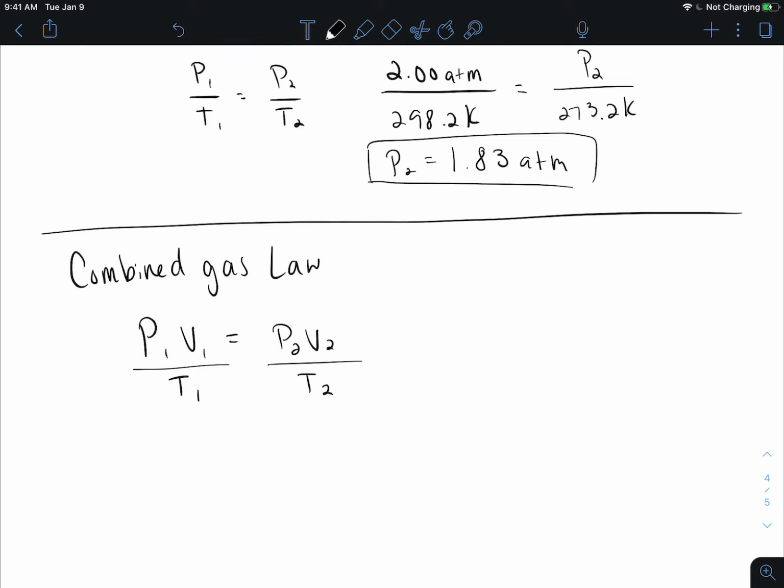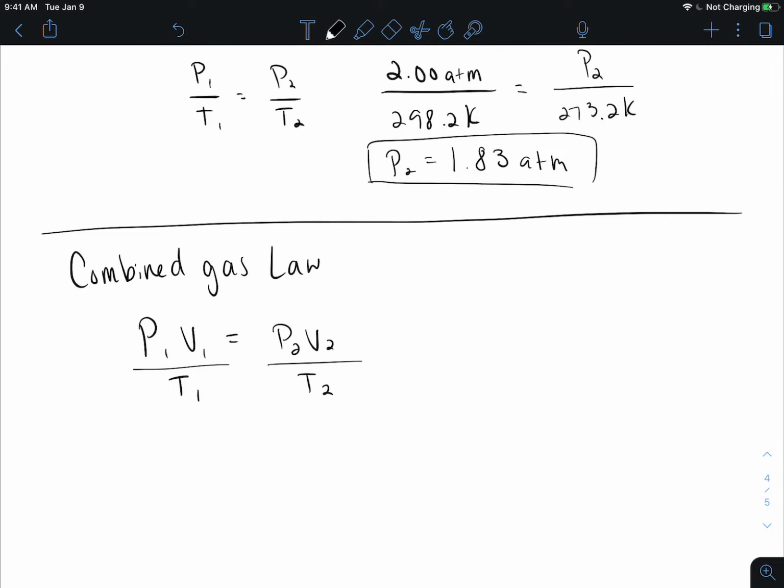So we've got P1 V1 equals P2 V2, our Boyle's law. We have V1 over T1 equals V2 over T2, our Charles's law. And then P1 over T1 equals P2 over T2, giving us our Gay-Lussac's law. So we have all three laws within this combined gas law.